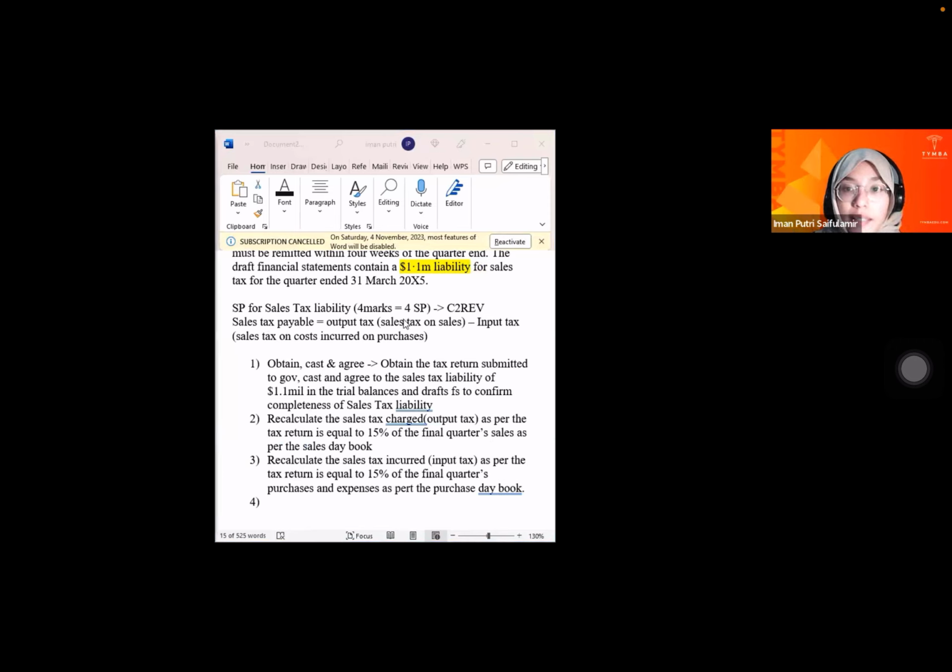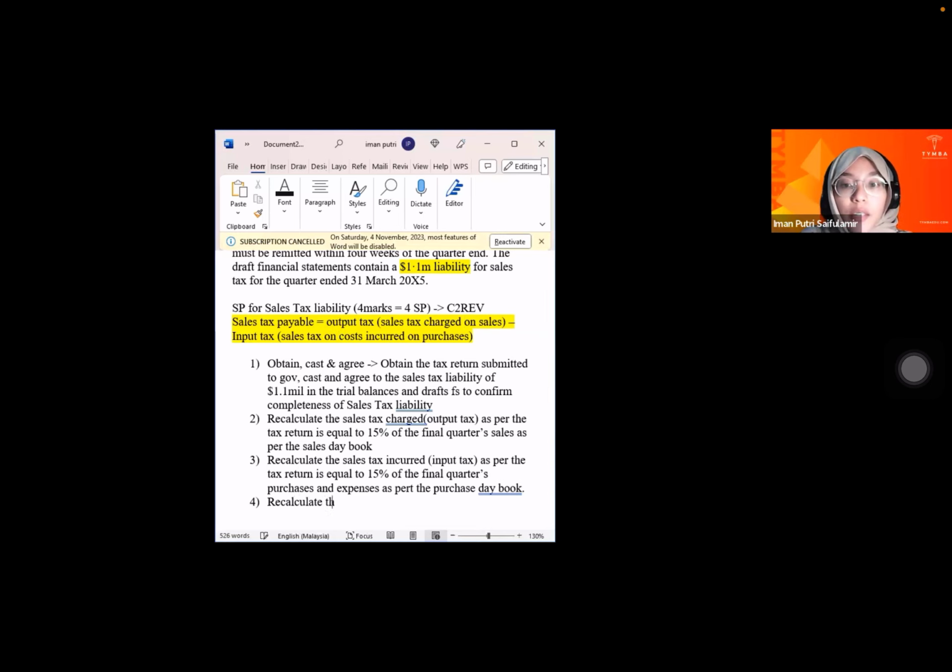Next is basically like I said here, right? Sales tax payable to the government will be the output tax, which is the sales tax that is charged on sales, minus any input tax, which is sales tax on costs incurred.